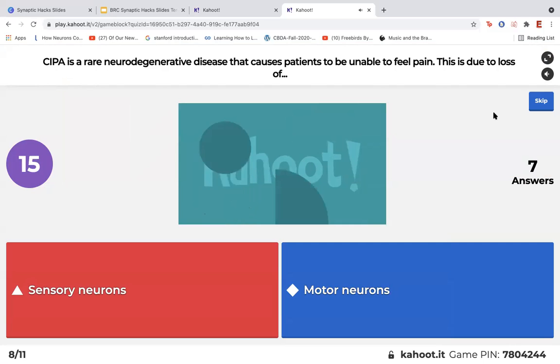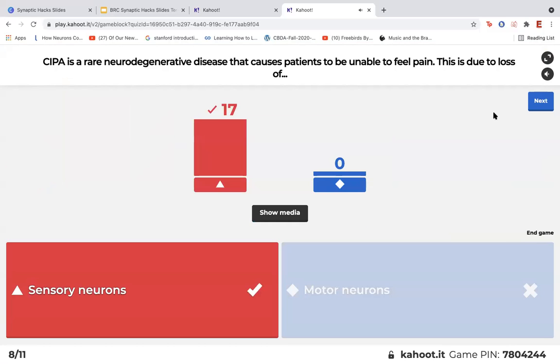So CIPA is a rare neurodegenerative disease that causes patients to be unable to feel pain. This is due to loss of blank. Sensory neurons, motor neurons. What do we think? Let's see. Yes, 100%. Amazing. Y'all are learning.